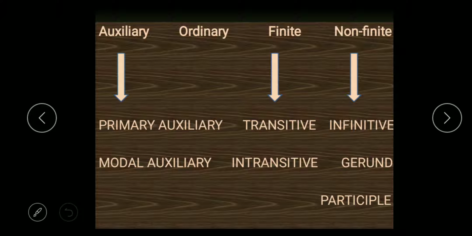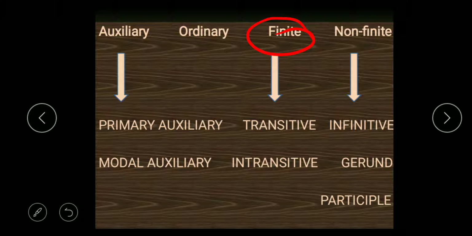Every sentence needs a finite verb mainly. The main verb in every sentence will be a finite verb. This is a very important thing to know, that in every sentence there is a main verb, and that main verb will be the finite verb. It has to be the finite verb.